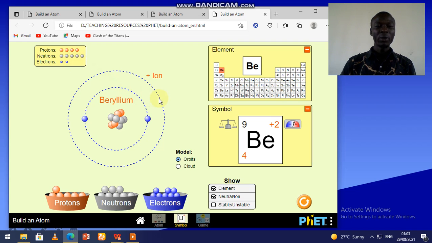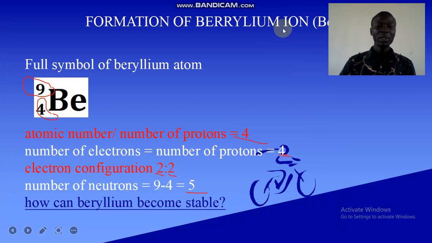So this is no longer a neutral beryllium atom, but it now has a positive 2 charge. Why does it have a positive 2? Because it lost 2 electrons, therefore it remained with 2 extra protons. So that is how cations are formed, and you can predict whether a substance is going to form a cation based on whether it is a metal or a non-metal.